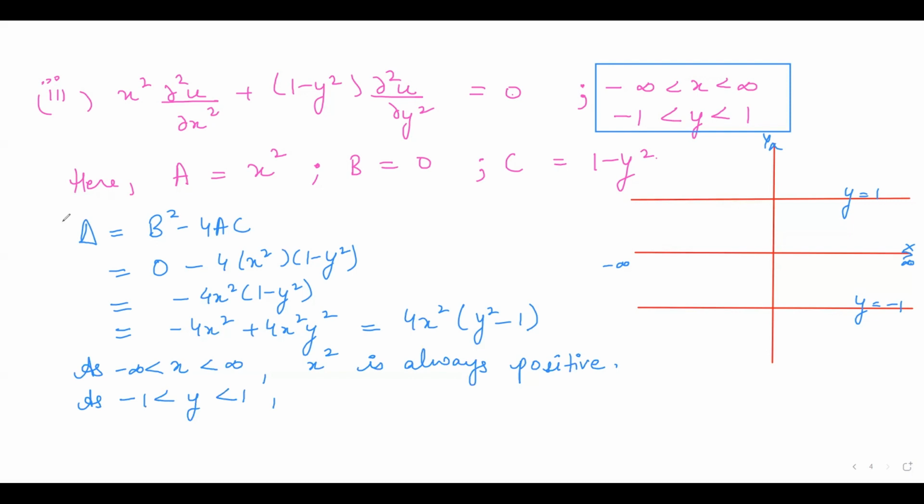So let me take another page so that I can explain it well. So there are only three cases as we know. So either delta would be equal to 0, greater than 0, or less than 0.